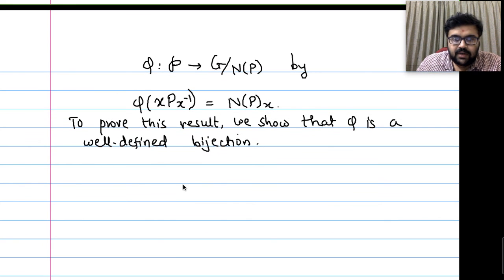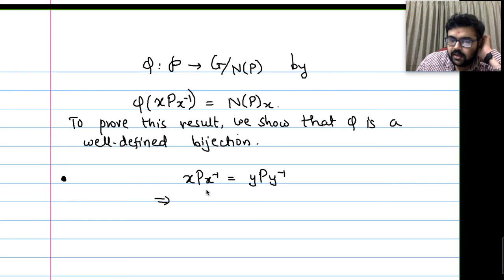So let us take well-definedness. First we take x p x inverse equal to, let us say, y p y inverse. This implies, multiplying by x inverse on the left, we have p x inverse equals x inverse y p y inverse.